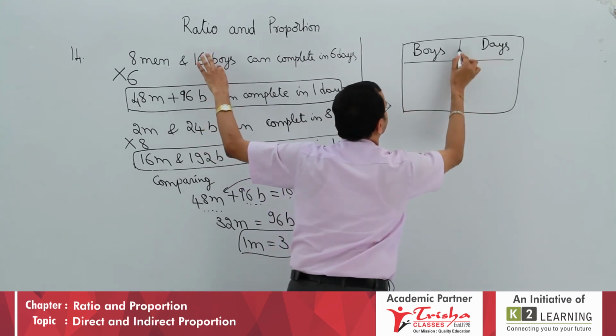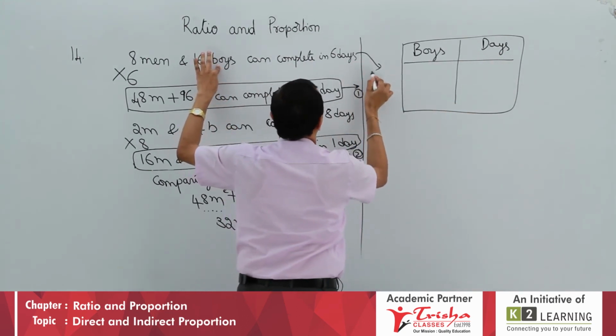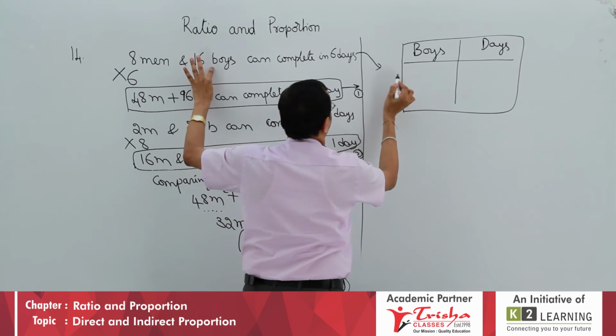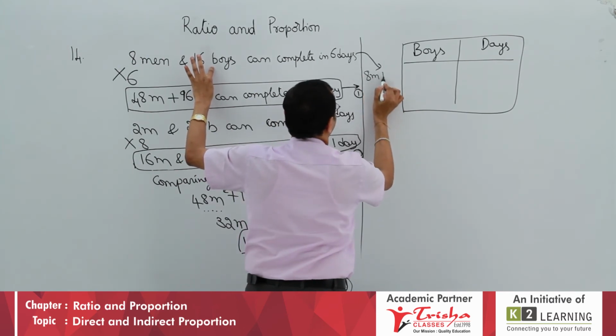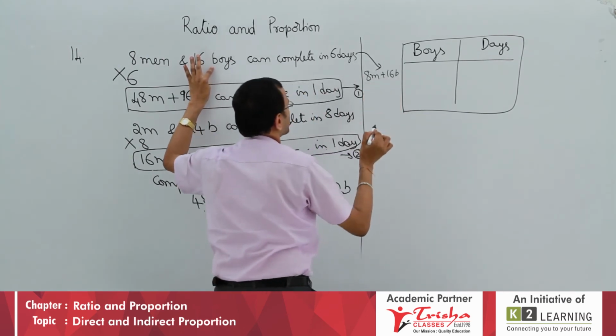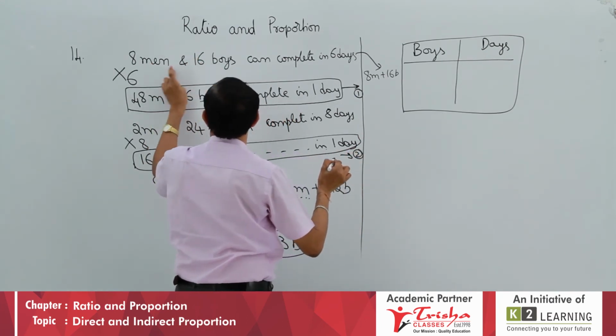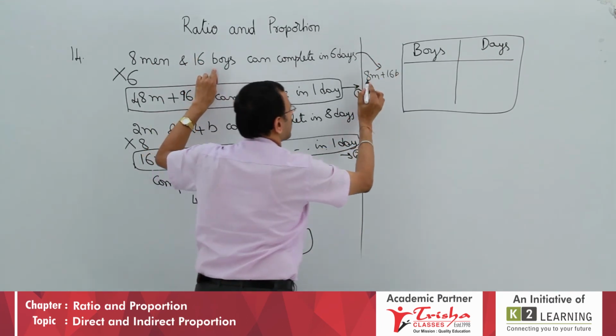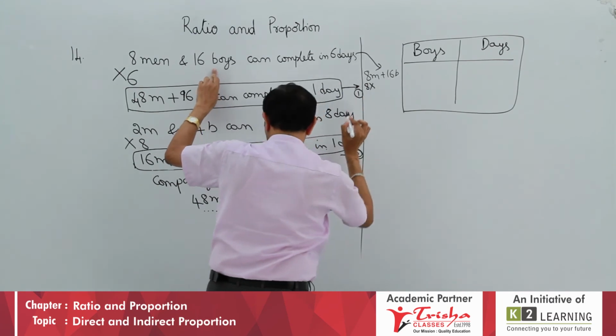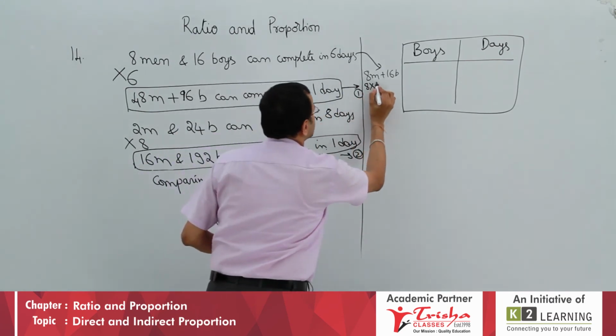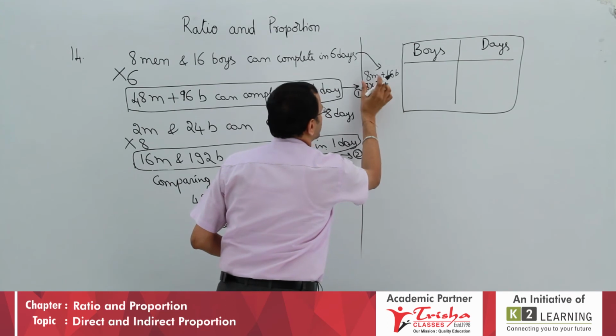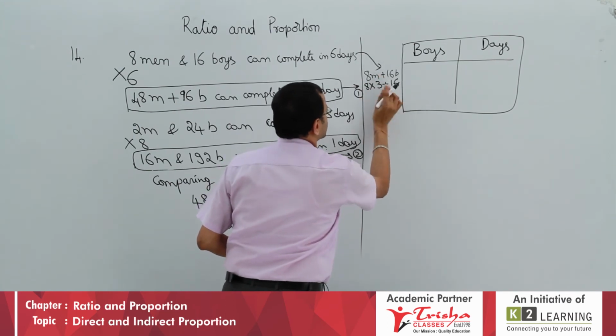First, it's given, observe here, 8 men and 16 boys. I cannot take men and boys together, so convert all into boys. Students, we know 1 man's work is equal to 3 boys. So 8 men means 8 into 3, 24 boys, plus 16 boys.